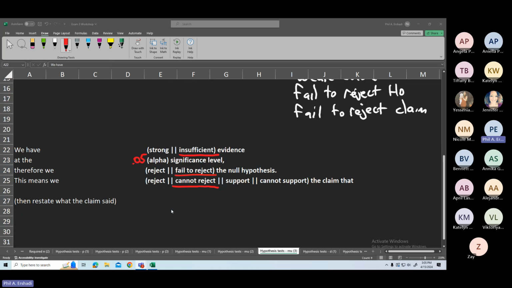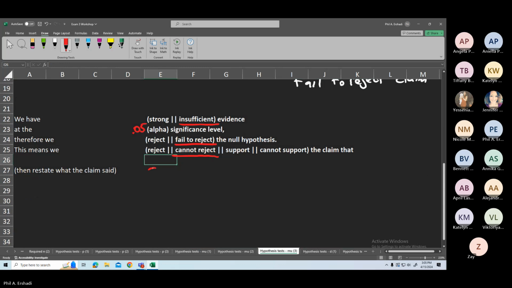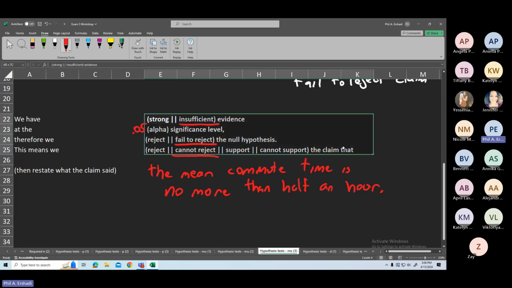And then after that, we restate the claim, and the claim was that the mean commute time is no more than half an hour. Okay, so again, you may want to put this on a note card to remind yourself that when they ask you for an interpretation, this is what you'd put on there.